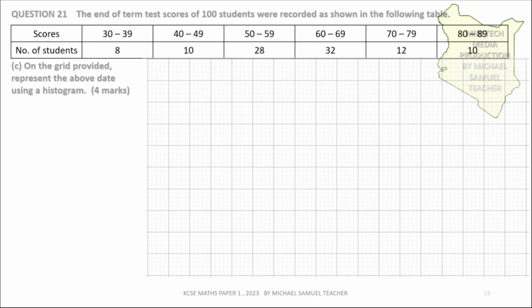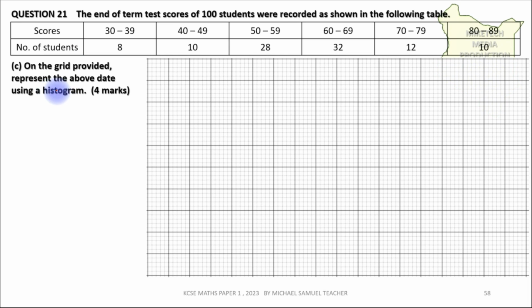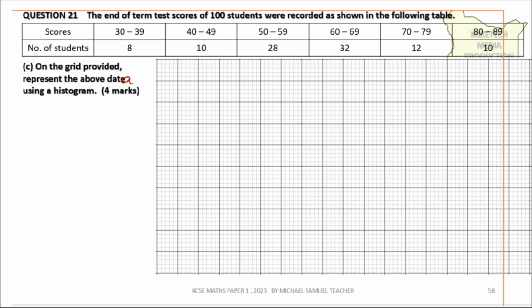Then we move on to part C. On the grid provided, represent the above data using a histogram. For a histogram, we normally plot frequency against the upper class boundary, and the upper class boundaries in our case here will be 39.5, 49.5, 59.5, 69.5, 79.5, then 89.5.